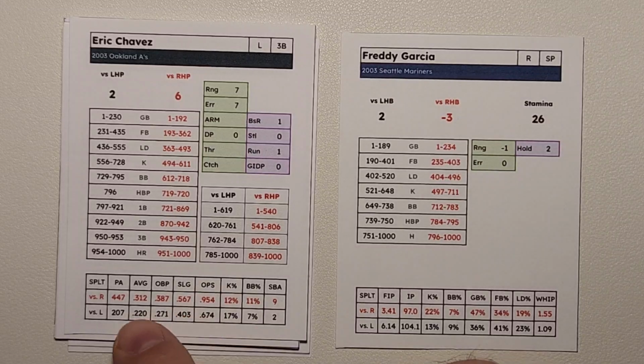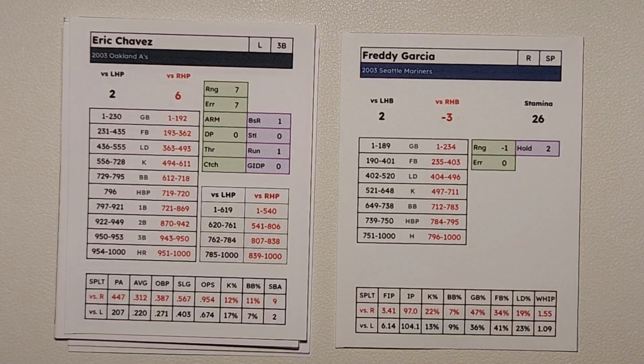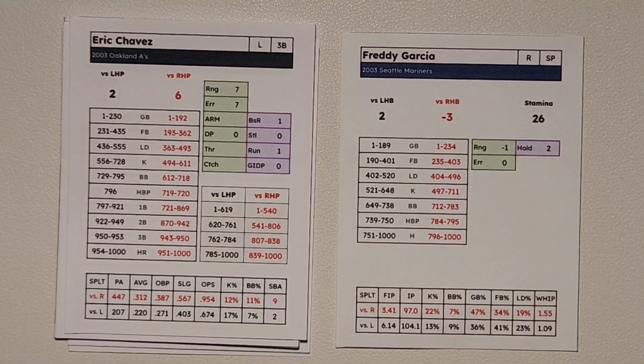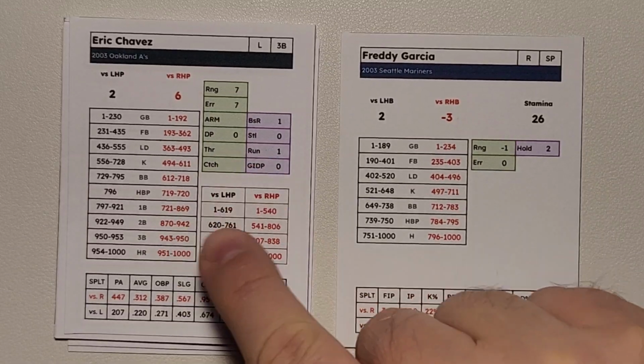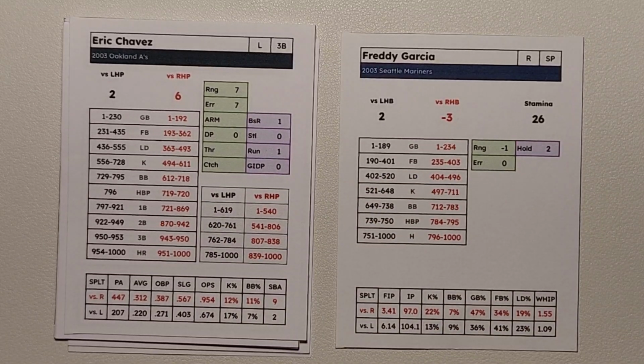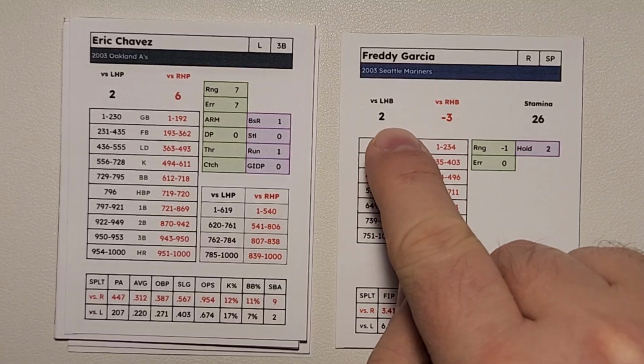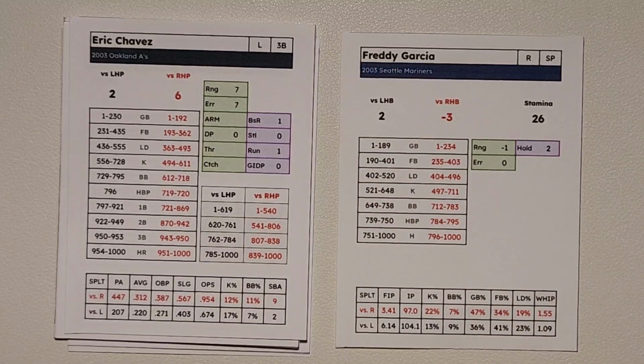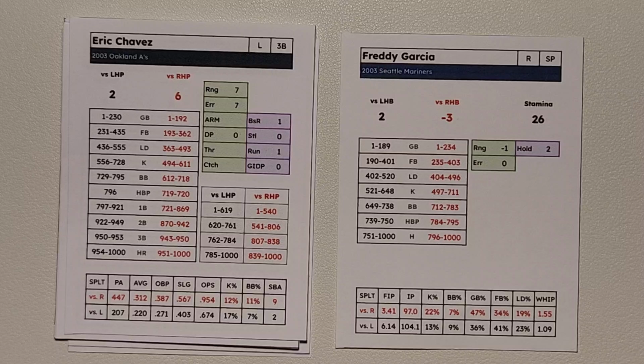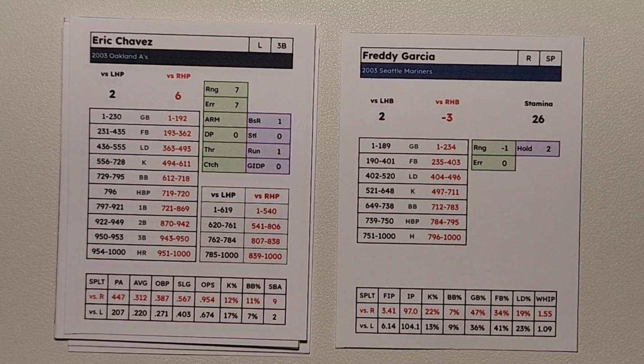So that means that those numbers are going to be the percentages we're sort of weighted to. And so more than likely, Eric Chavez against a right-handed pitcher is going to do very well. Unless that right-handed pitcher is excellent against left-handed batters, which there are the occasional pitchers that have reverse splits like that.